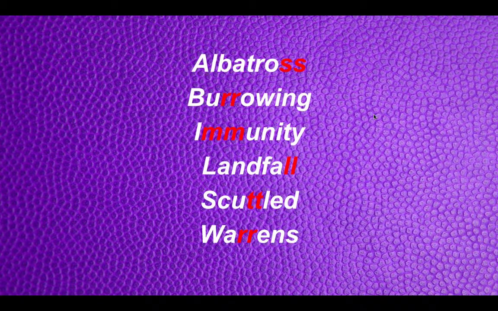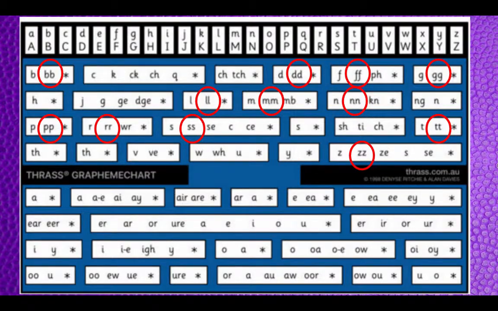Now, let's have a look at our THRASS chart to see if we can identify all of the double letter combinations that appear on the THRASS chart. Here they are, I've highlighted them for you already, I've been very busy.